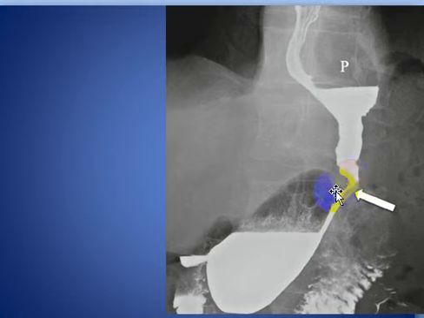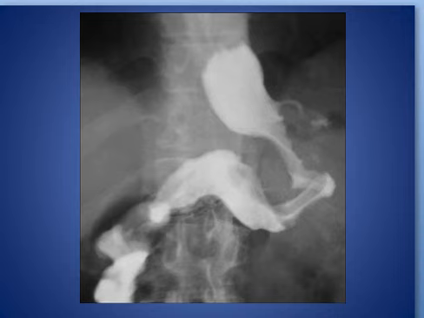And in this patient, he is not responding to endoscopic dilatation. Another patient with contrast study, we see the kinking of the gastric tube after the sleeve operation, and we see here the leak.